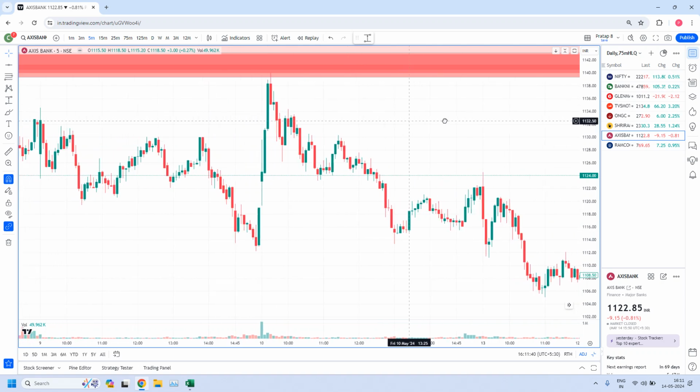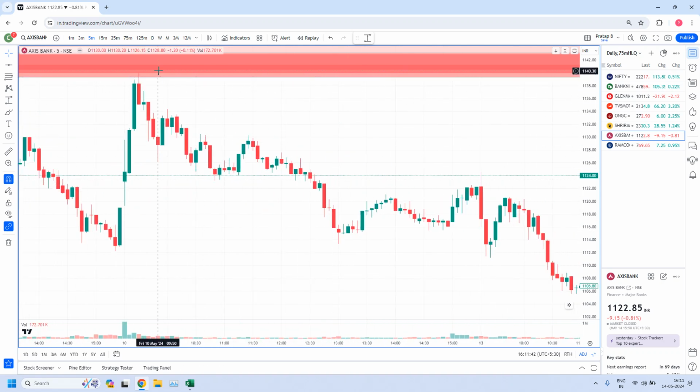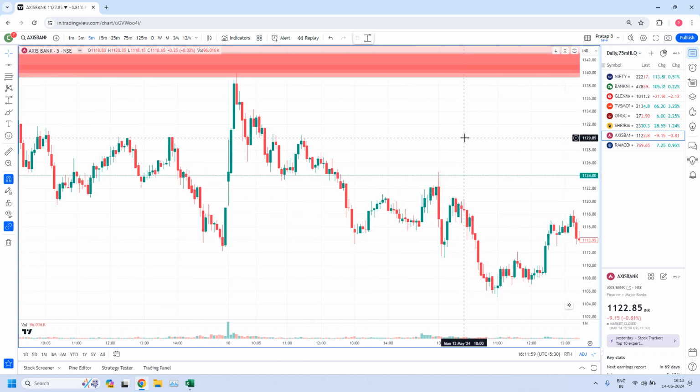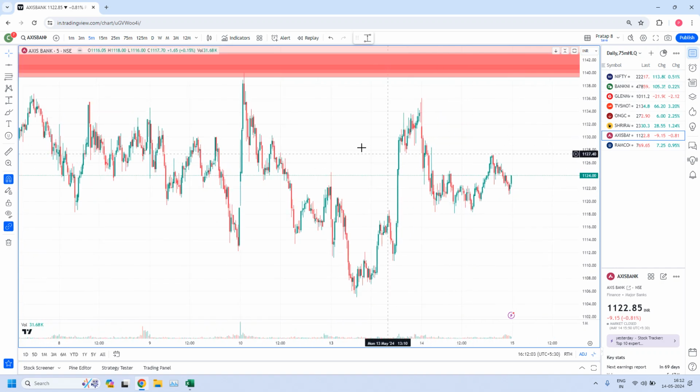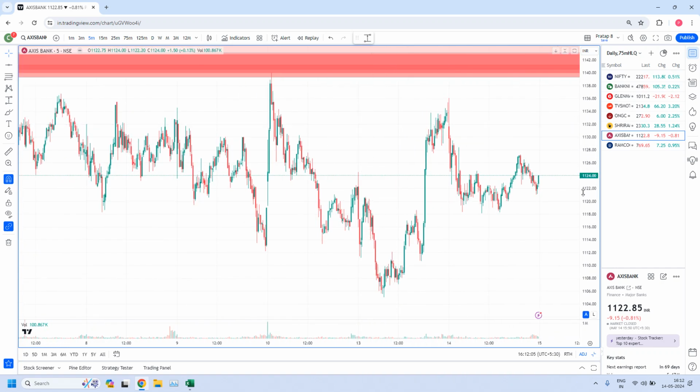In such a situation, you may take a trade at the 5 minute level itself, but your stop loss could be the 1 minute digital line, or 1 minute could be your entry and the 5 minute digital line could be your stop loss. That way you can build and plan different strategies. Or if you have any doubt, just ignore it. Look for some other stocks. But anyway, today we did not get a trade in Axis Bank.